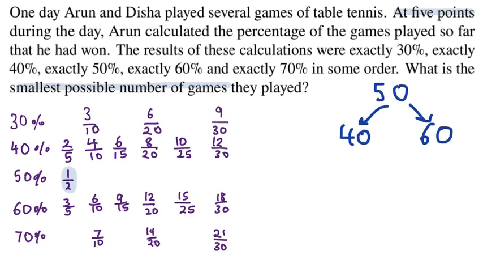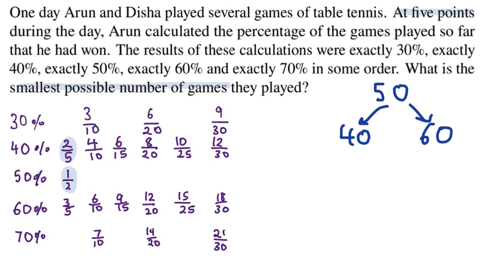Suppose we chose 40%. Well, what's the next smallest denominator? It's going to be 10. And we could choose 3/10, 6/10, or 7/10.